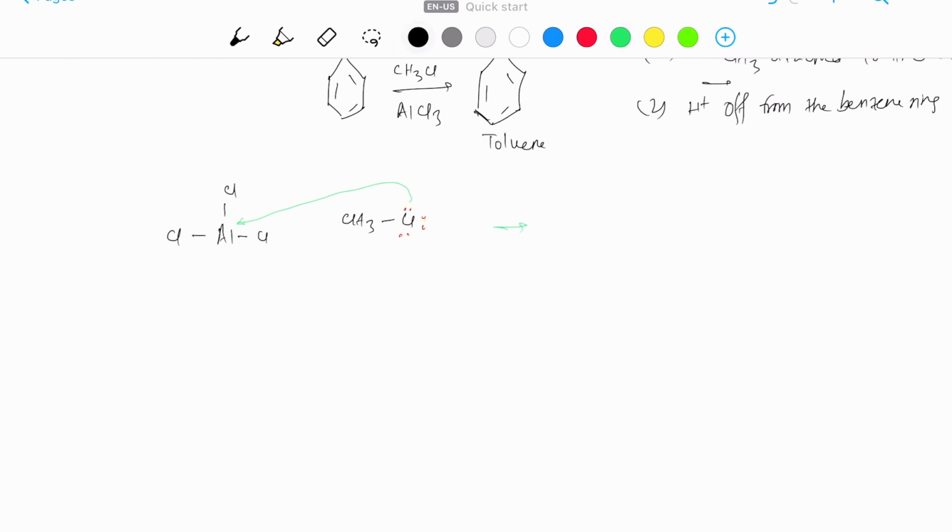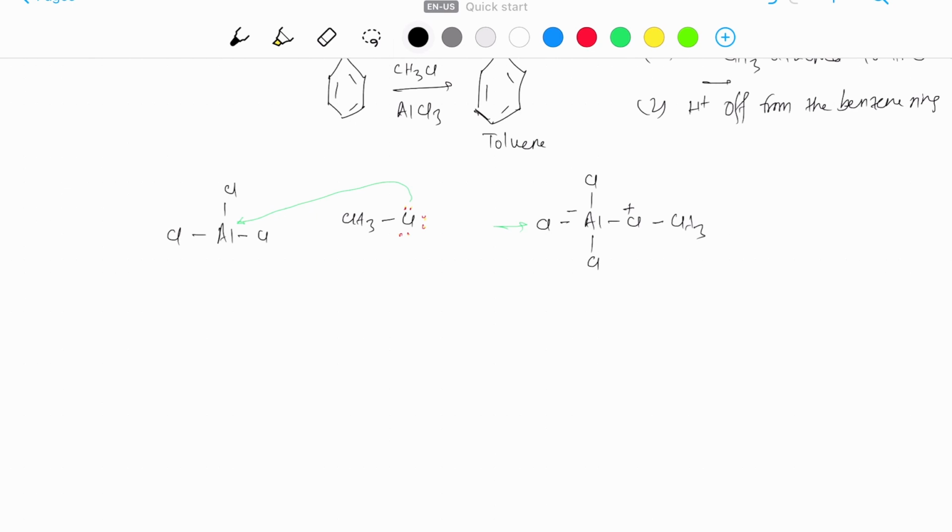this. So we have this aluminum, chlorine, chlorine. We had 3 chlorines. Now we are attaching this methyl chloride to it. Since chlorine already donated electrons, it has positive charge on it right now, and this aluminum accepted electrons, so now it has negative charge.